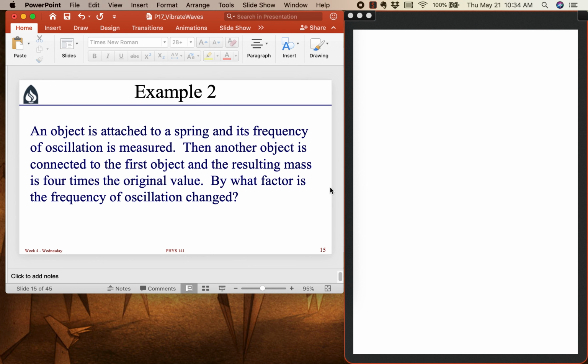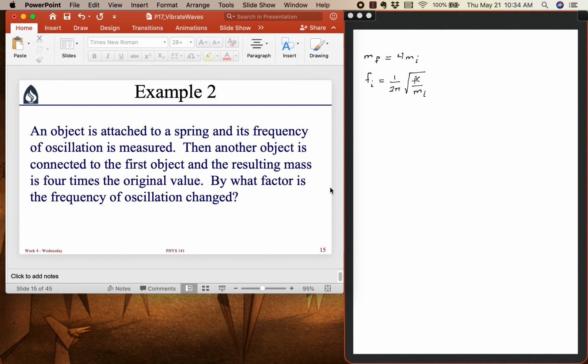So if we're looking at this problem, the piece of information that we have is that we know that the final mass, so m final, is equal to 4 times the initial mass. So initially we had a frequency of oscillation which is equal to 1 over 2 pi times the square root of k, the spring constant, divided by the initial mass.